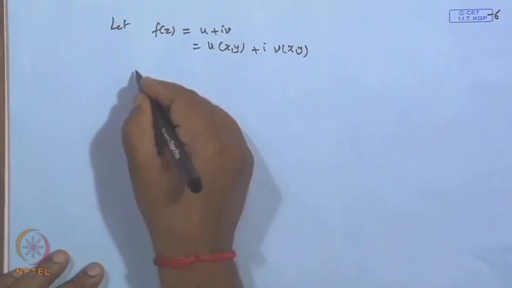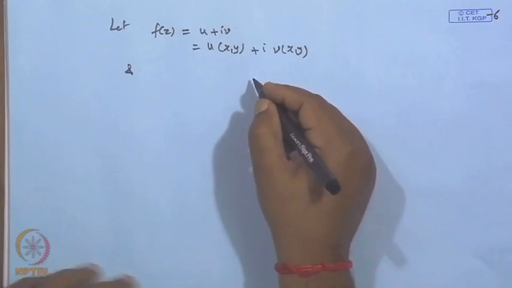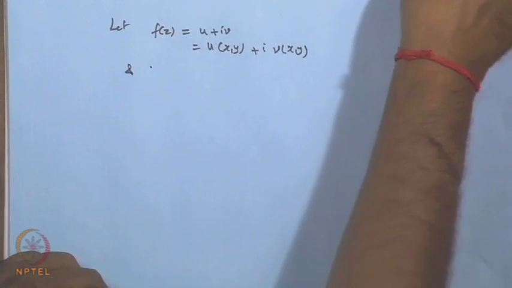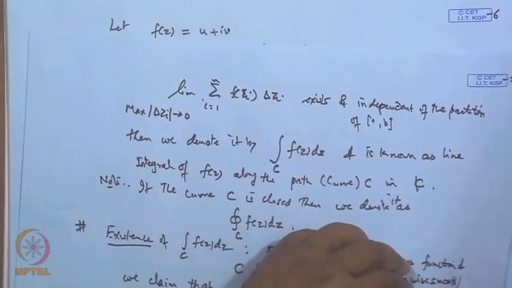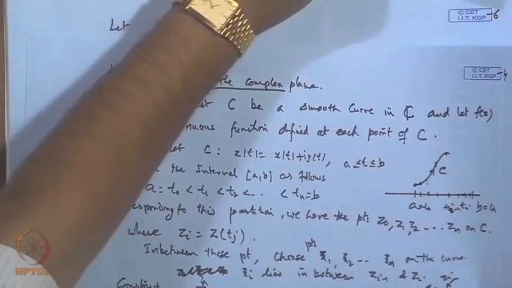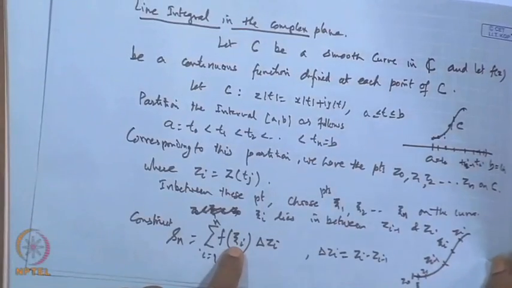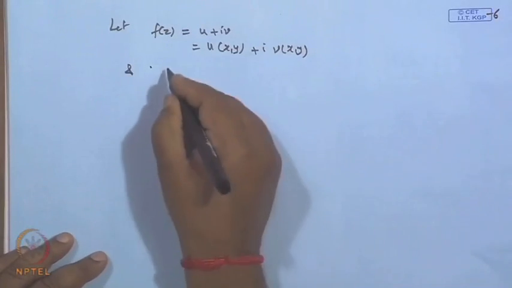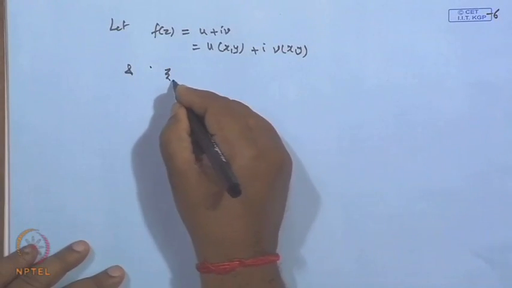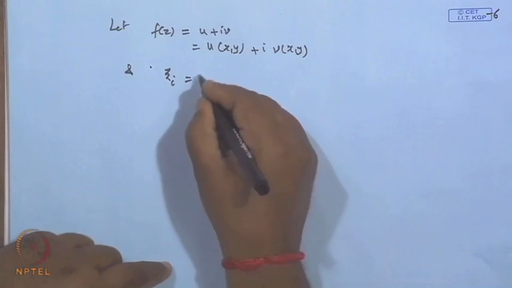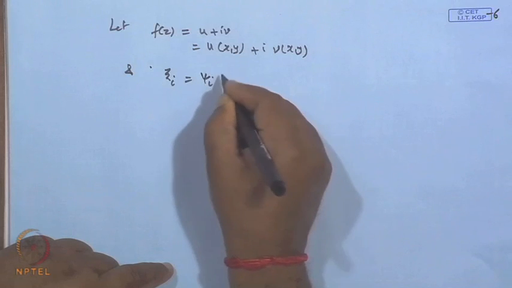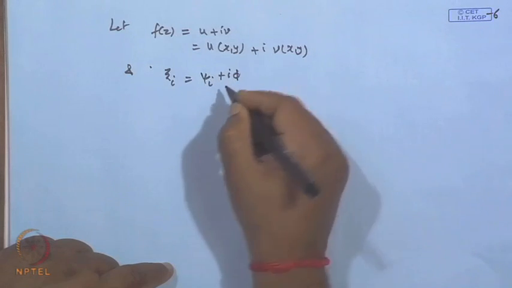And let us take the point we have chosen, ξ_m, as the point, say ξ_m plus i η_m.